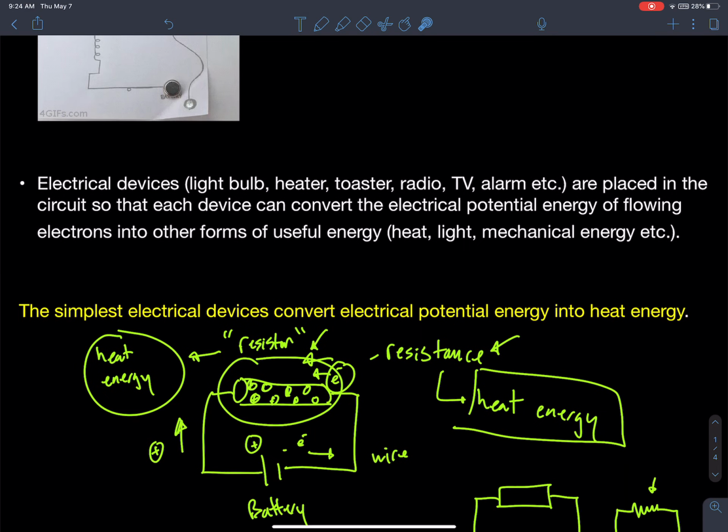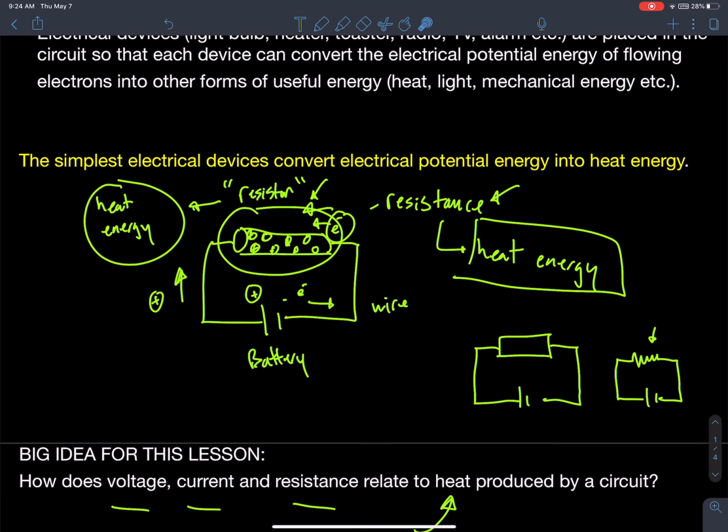We talked about the simplest device that has just resistance in it, nothing else. If I have a battery and wires and I connect it to a material that has resistance, that material allows the electrical potential energy to be converted into work. And that work is going to be converted into the kinetic energy of those particles inside of that wire, which is going to be heat.